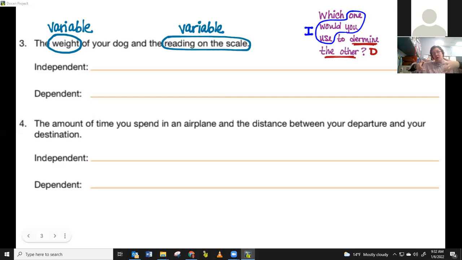When I put my dog on the scale, the dog tells the scale, you are going to read back the number that tells me the correct weight. So the weight of the dog here is the independent variable, and the reading on the scale is the dependent.